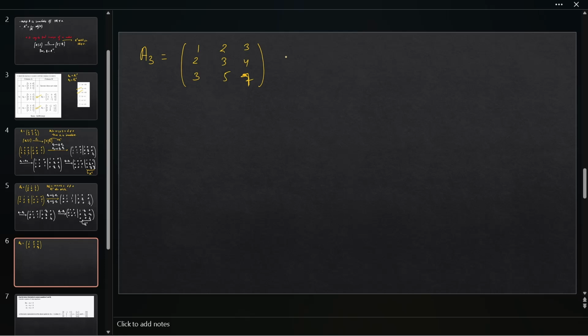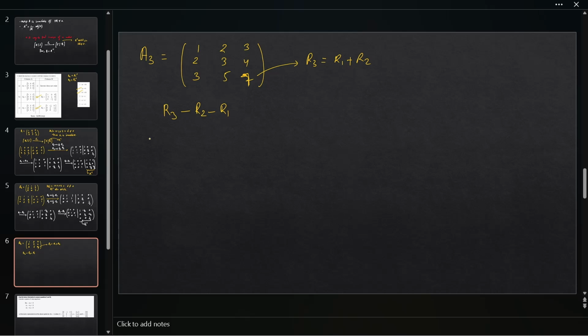So to find its determinant, I will perform this operation, that is R3 minus R2 minus R1, because here I can see that R3 is basically equal to R1 plus R2. If you add these two rows, you will get R3. I'm going to subtract both R1 and R2 from R3.